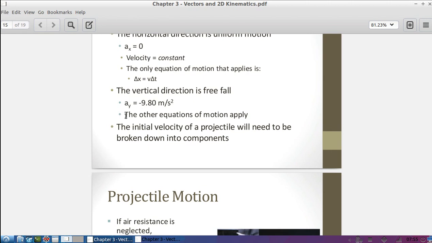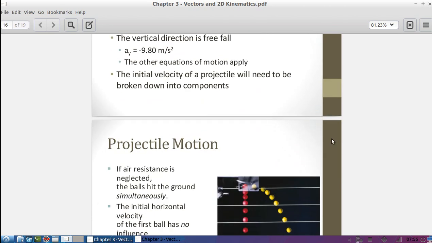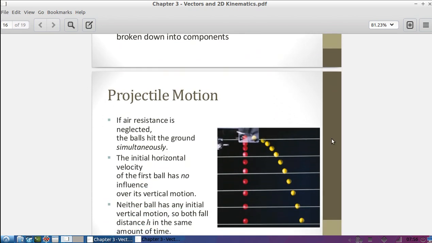Our kinematics equations that have acceleration in them are going to be applicable in the Y direction. So for the first problem, I'll write the equation in the X direction, I'll write all relevant equations in the Y direction, see which one applies, and we'll just solve it like a kinematics problem. Kinematics in the X, kinematics in the Y, and we should be able to get the values we're being asked for.